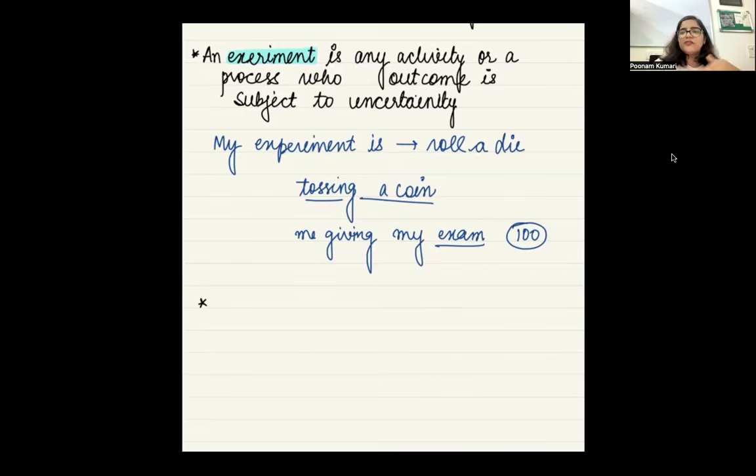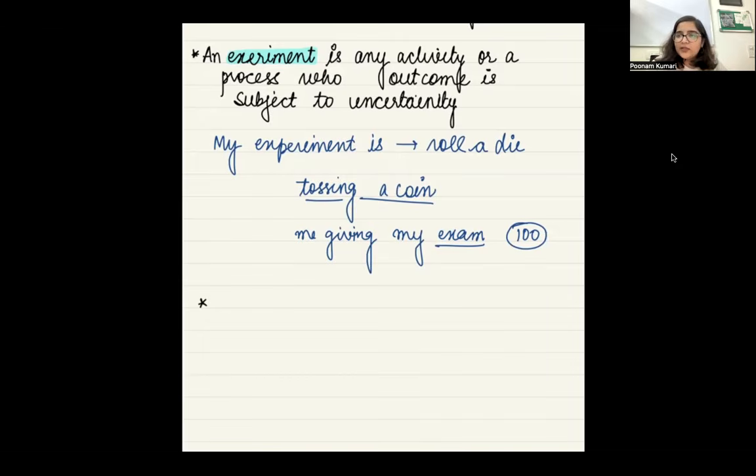So, like you sit for placements, you will get a job or not get a job, right? Anything for that matter, right? You go to a shop, whether it will be closed or it will be open, right? Multiple things can happen. Wherever there is certainty, that is something which is definitely going to happen, and that is something that we do not call an experiment.